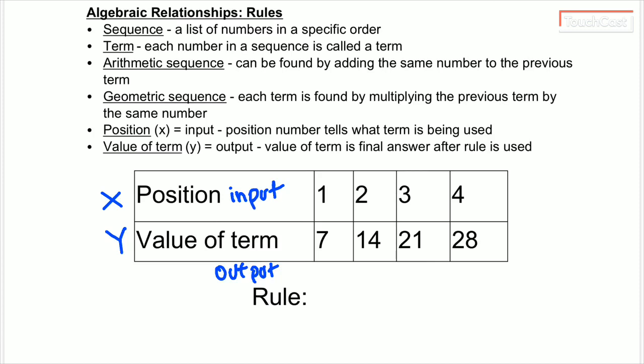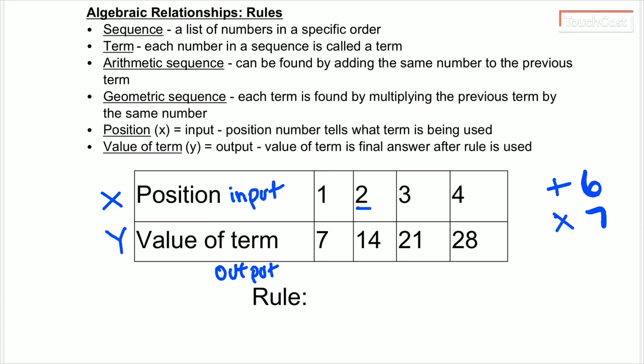If we go to the input 2, or the position 2, the second position, looking at whether or not we added 6 or multiplied by 7, we need to figure out which one of those happens to get from 2 to 14. Well, 2 plus 6 is 8.